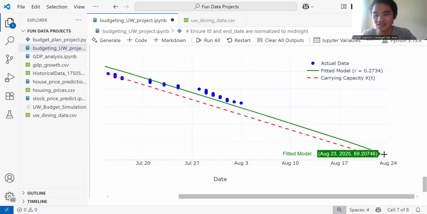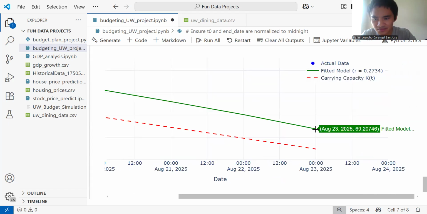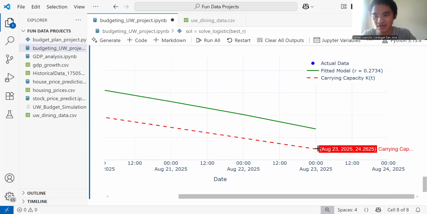And here, as you can see, this is something I'm still working on, but let me actually show this part. Here, by August 23, that's my balance. So that's the issue with fitting models.